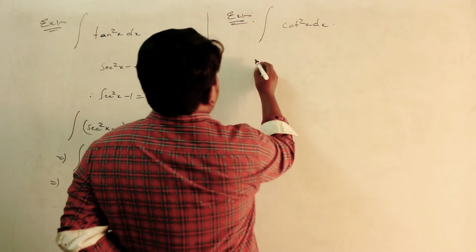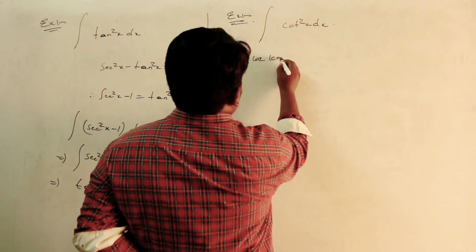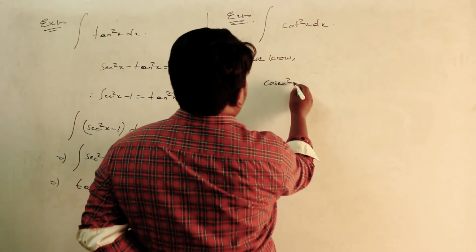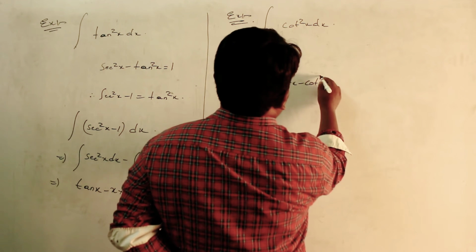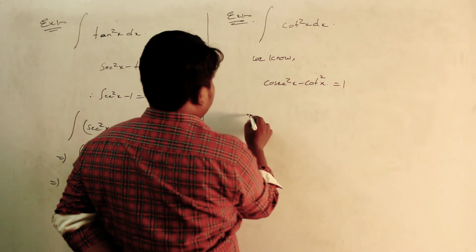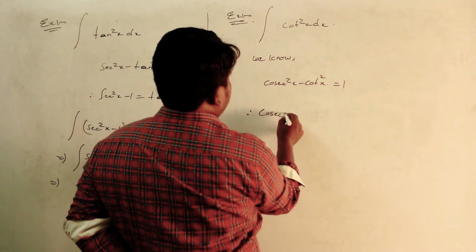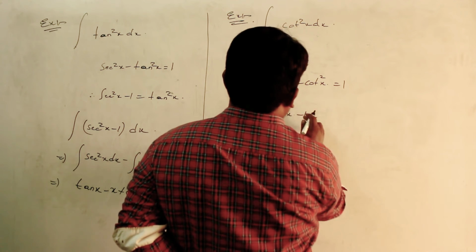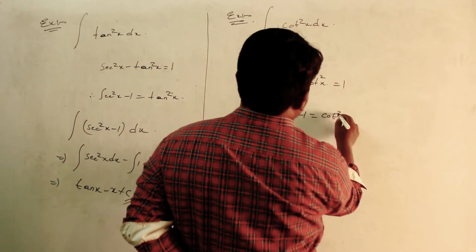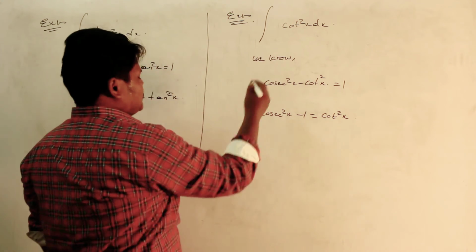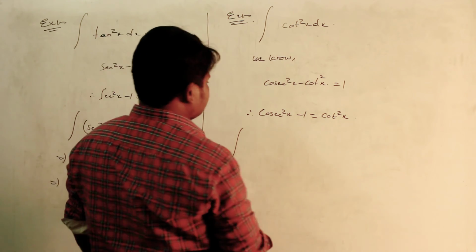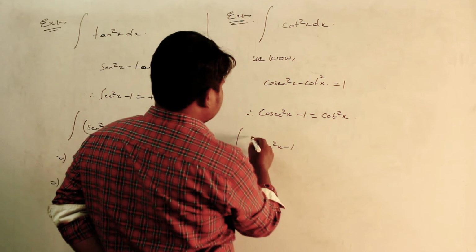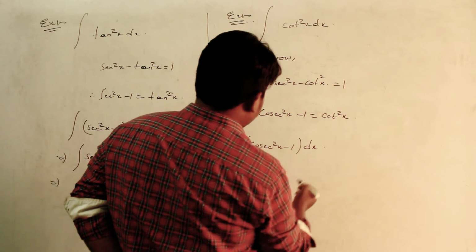We know cosecant square x minus cot square x is equal to 1. Therefore, cosecant square x minus 1 is equal to cot square x.